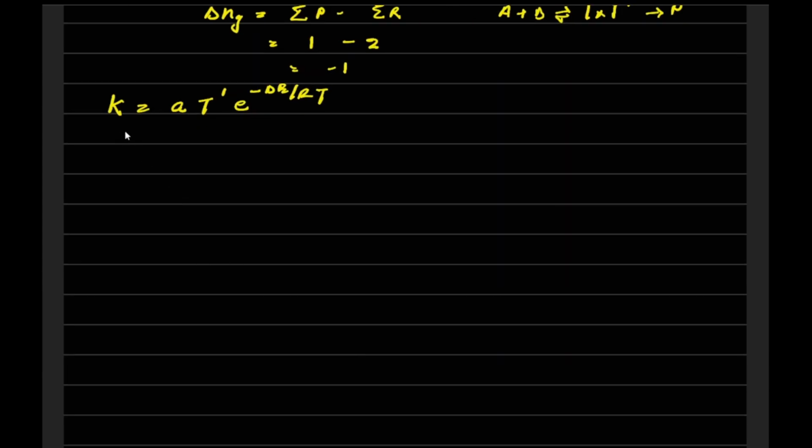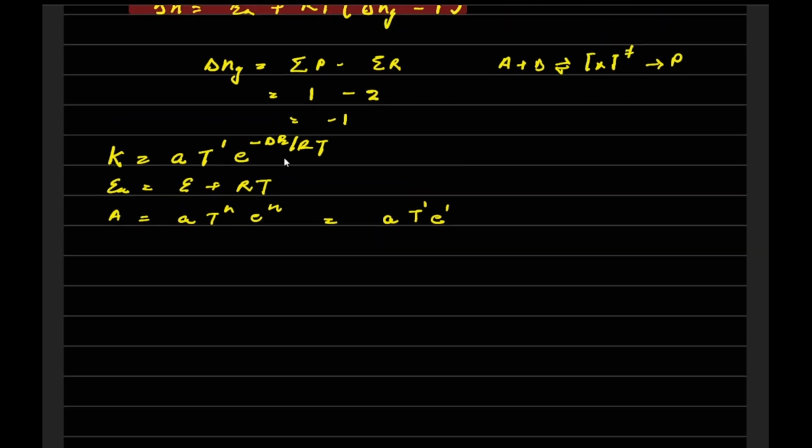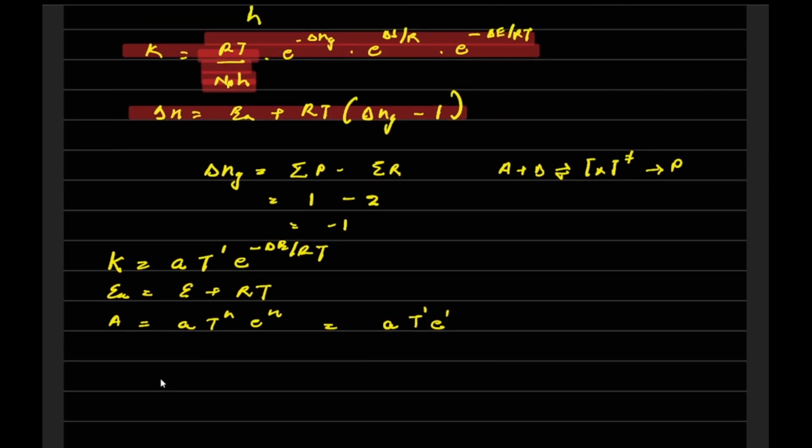We know the activation energy EA is equal to E plus nRT, where A is equal to A T to the power n and e to the power n, so that is equal to A T e to the power 1. From here we know A is equal to R by NaH e to the power minus delta Nb into e to the power delta S by R.